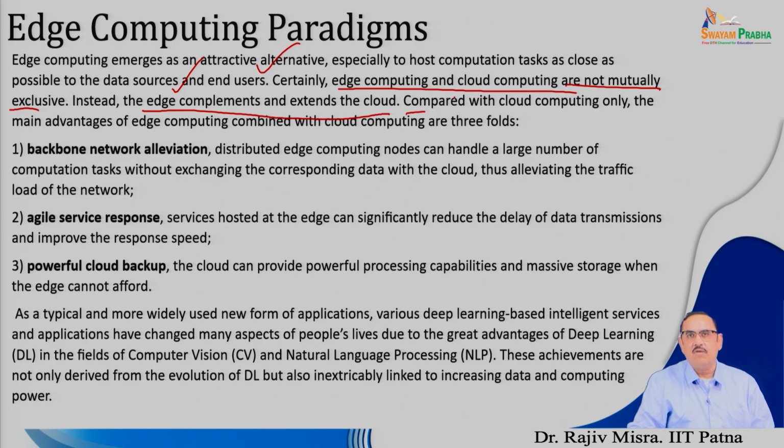Compared with cloud computing alone, the main advantages of edge computing combined with cloud computing are threefold. The first is backbone network alleviation: distributed edge computing nodes can handle a large number of computation tasks without exchanging the corresponding data with the cloud, thus alleviating the traffic load of the network.